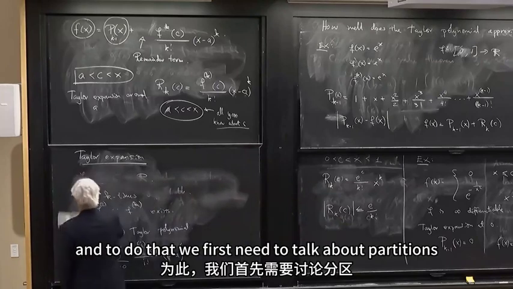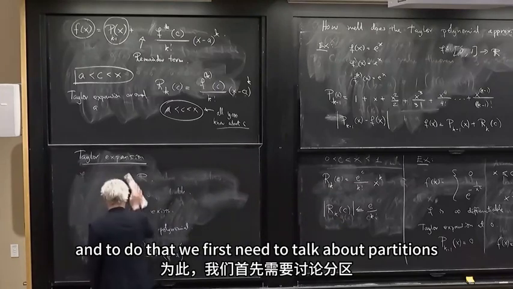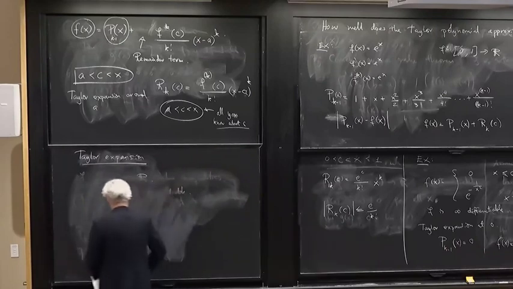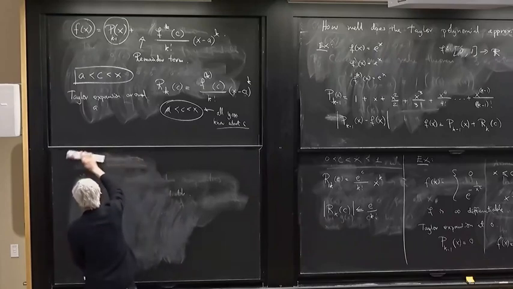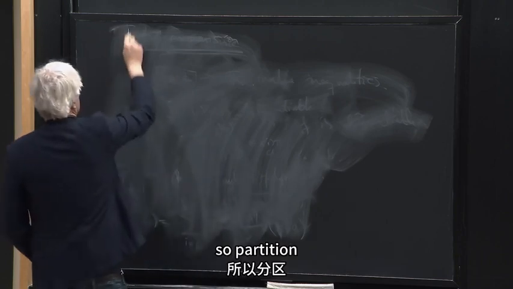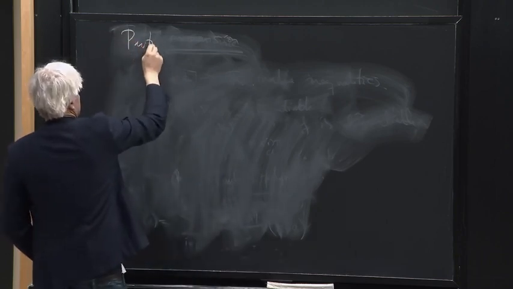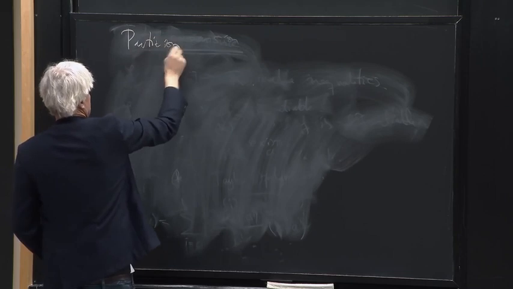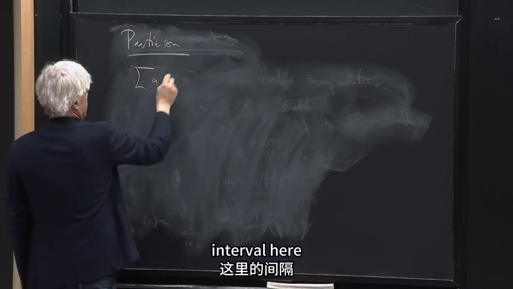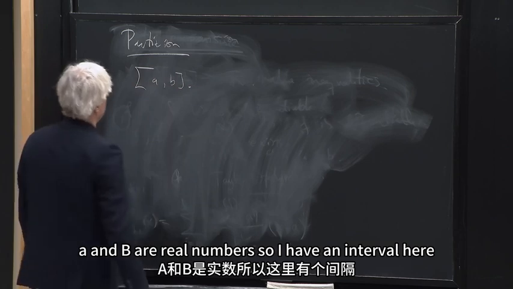To do that, we first need to talk about partitions. So suppose I have an interval here, where a and b are real numbers.